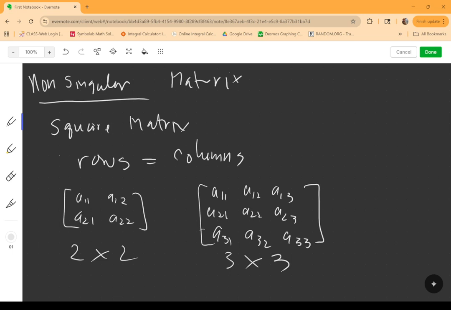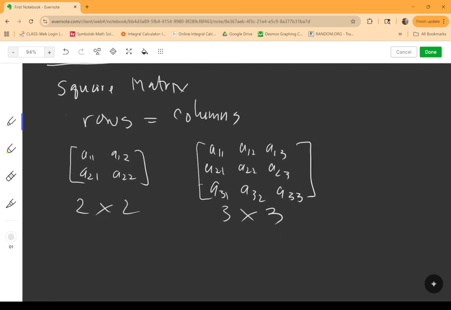When we say a square matrix, we're referring to one that has an equal number of rows and columns. If it is not square, then it is a rectangular matrix, when the columns and the rows are not equal.